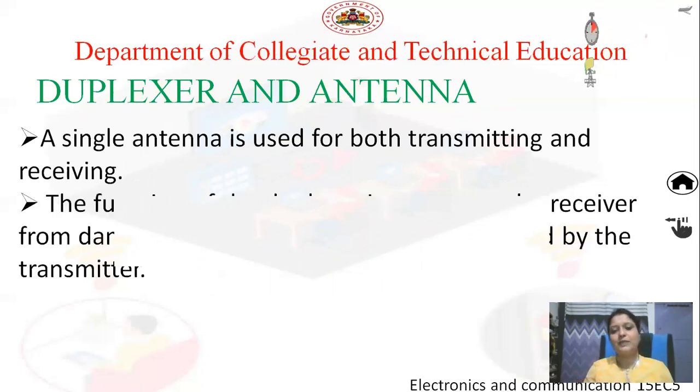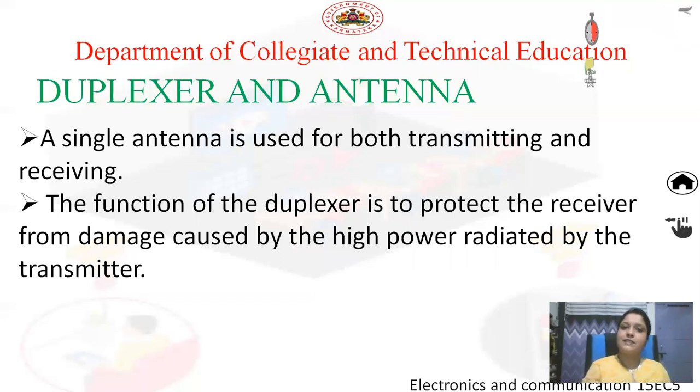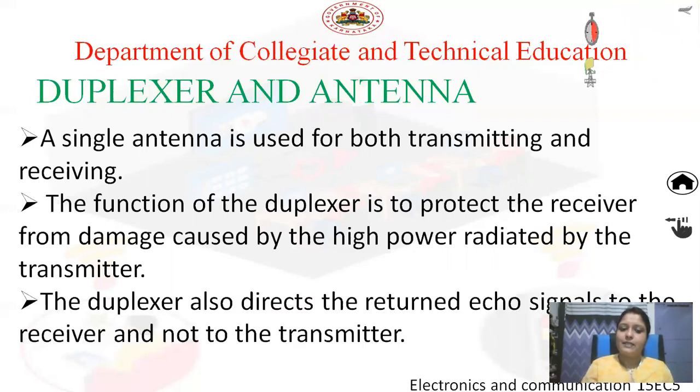The function of the duplexer is to protect the receiver from damage caused by the high power radiated by the transmitter, because we have to isolate the receiver section during the transmission time. The transmitter is transmitting very high power signals, so to protect the sensitive receiver, we use the duplexer circuit. The duplexer also directs the returned echo signal to the receiver and not to the transmitter.